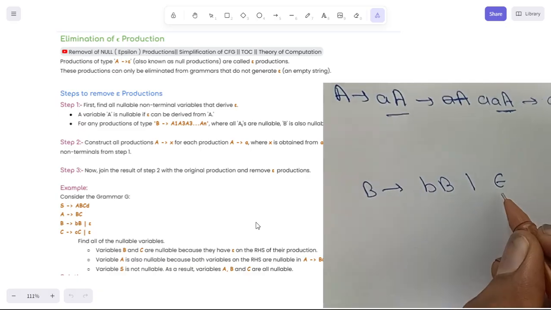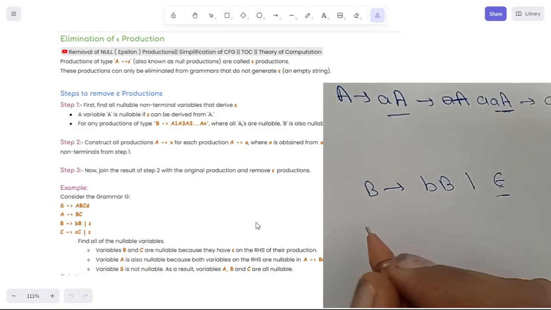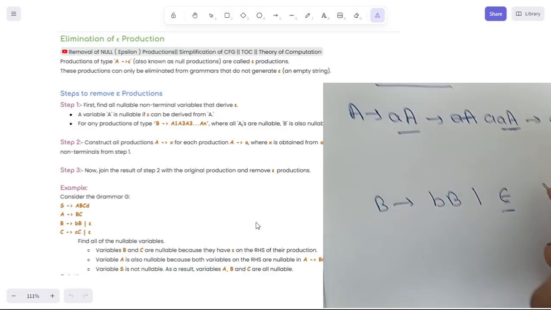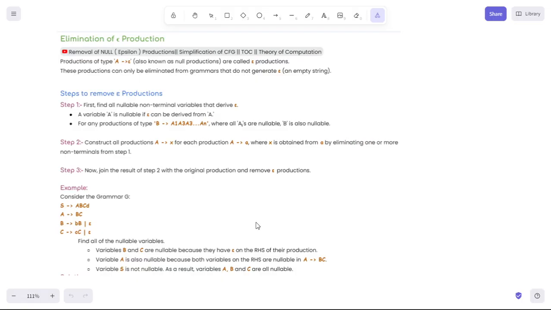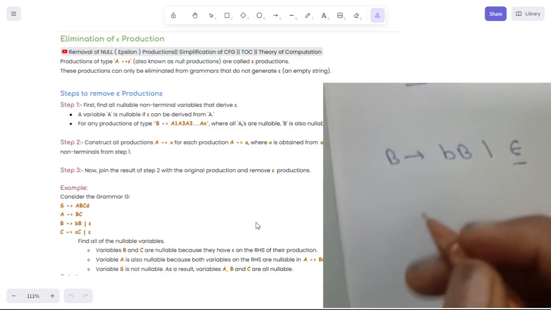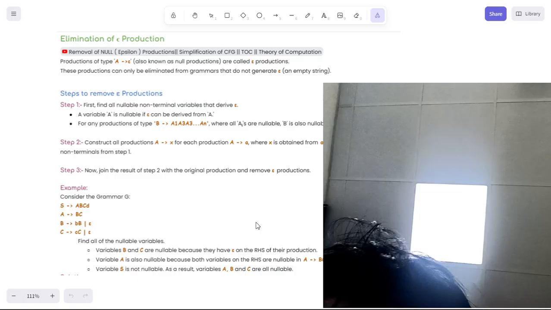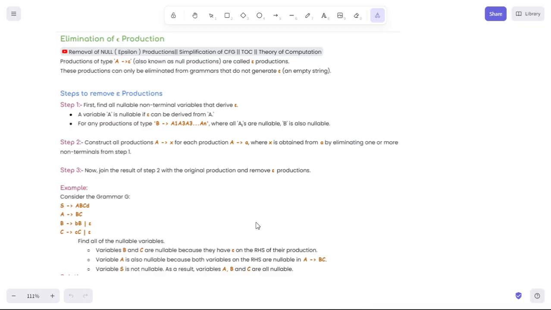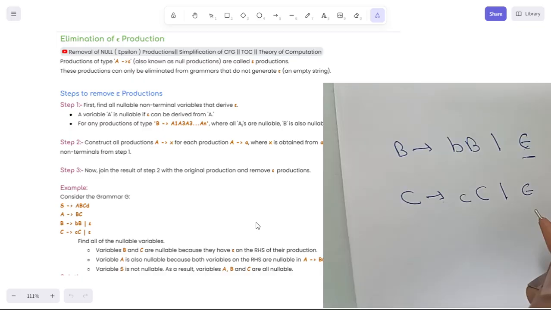So this epsilon is a direct epsilon symbol. So B is a nullable symbol. Second, we can see capital C is there. This capital C goes to C and also epsilon.